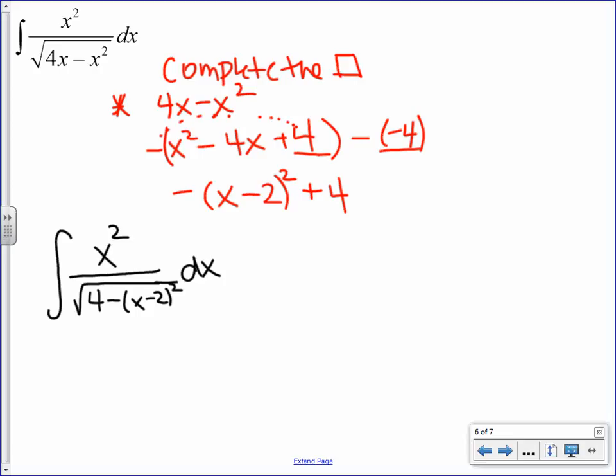Whatever is being squared, we set equal to a sine of theta. So x minus 2 equals 2 sine of theta, just like yesterday when we made 2x equals 3 tangent theta.